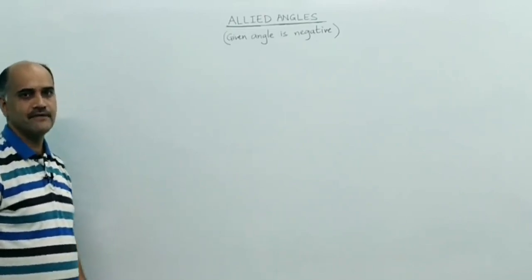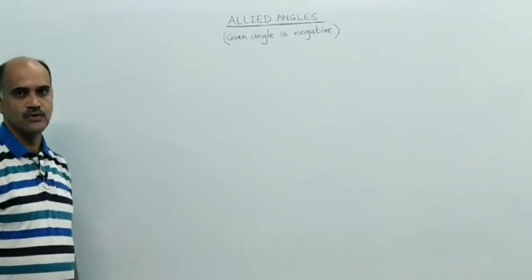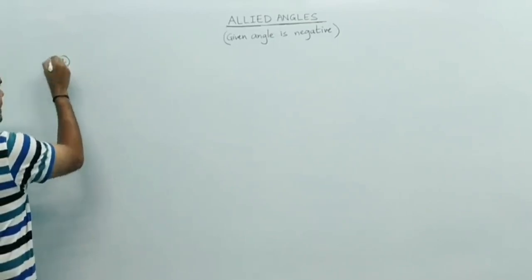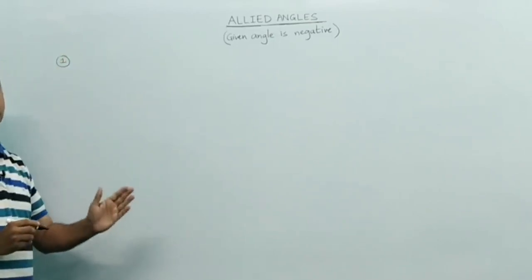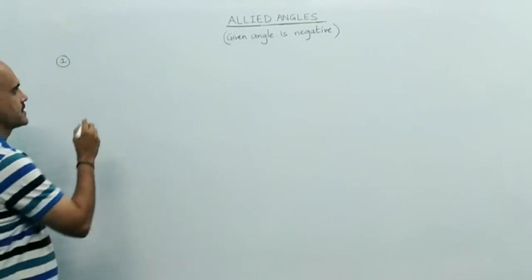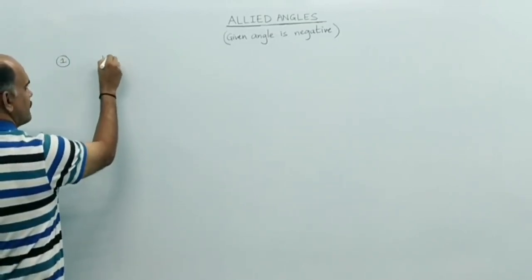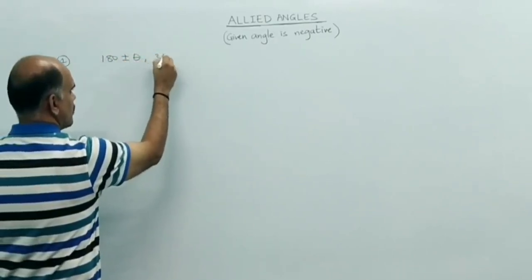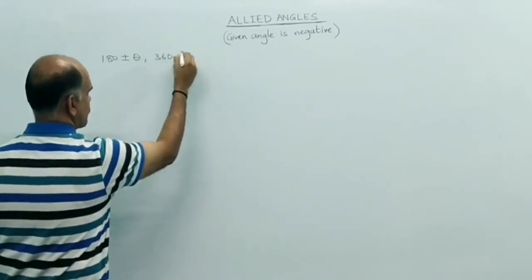So just if I revise what I have told previously, always write the given angle in terms of 180 plus or minus, or 360 plus or minus. So always write the given angle as 180 plus or minus theta or 360 plus or minus theta.